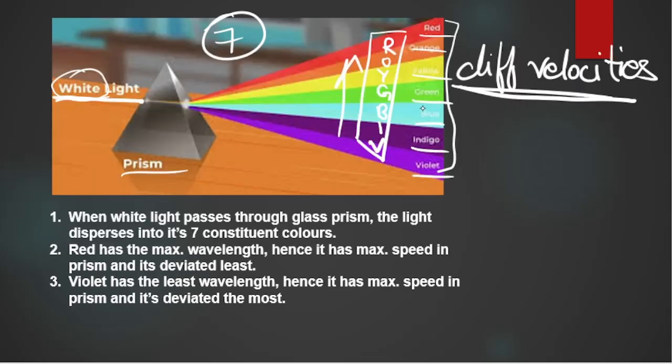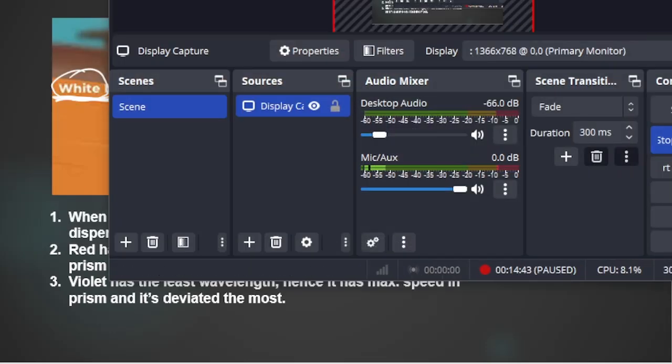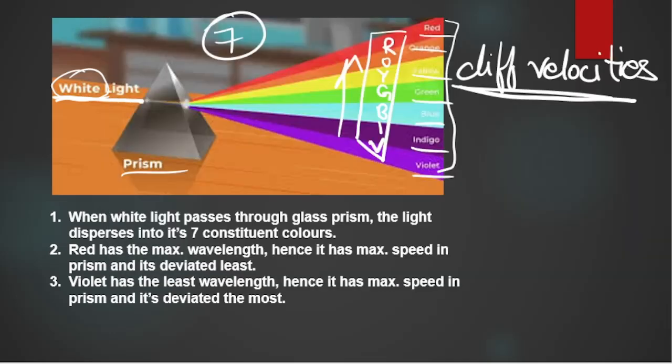And just a minute. Now here I'll tell you कि इनकी different velocities कैसे हैं. White light gets splitted into 7 constituent colors. इसको हम कहते हैं dispersion. ठीक है.